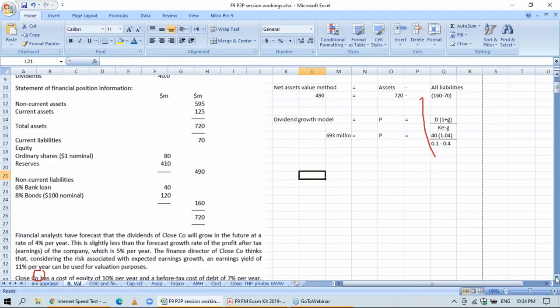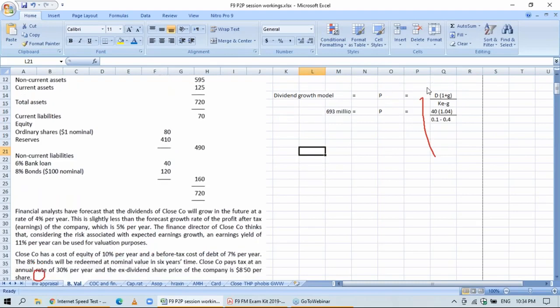The closed company's cost of equity was 10%. This has been used, so it was simple. Okay, the next formula is the earnings yield method.